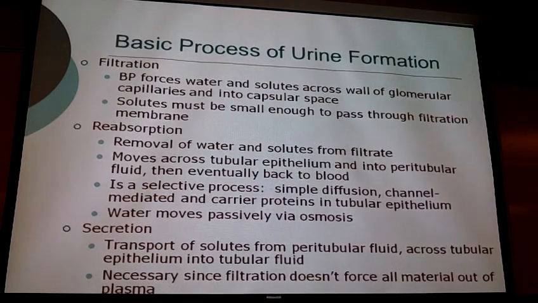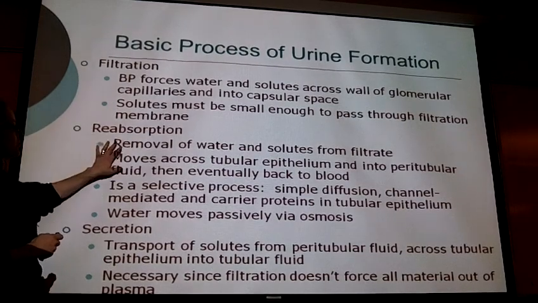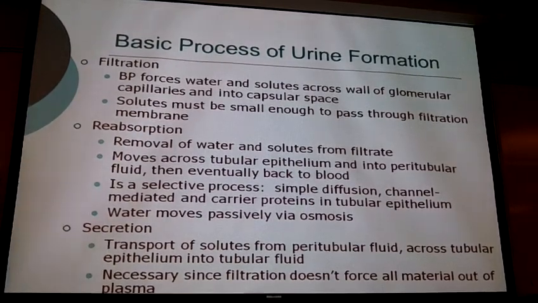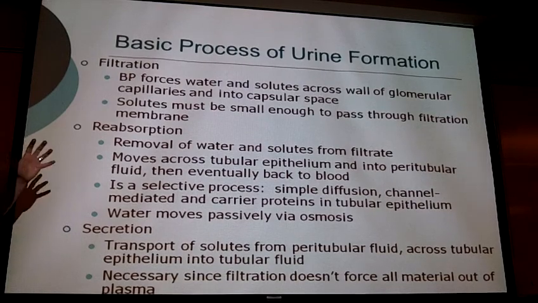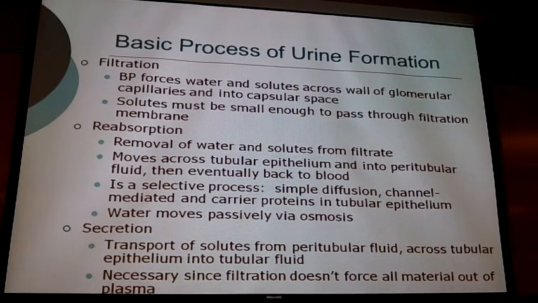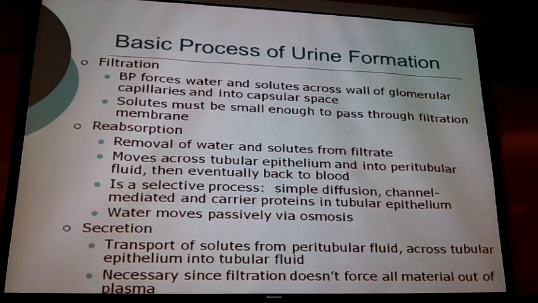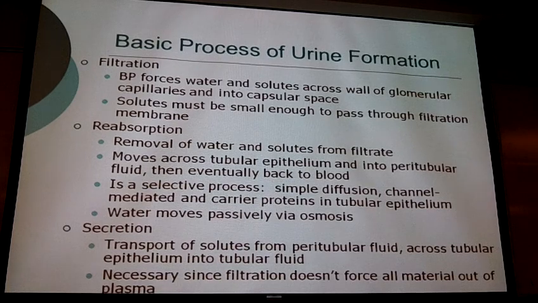So, back to these major processes. Again, we've already said filtration, reabsorption, secretion, and now what we're going to do is look in more detail at each of these processes, and then talk about various factors involved in these processes.